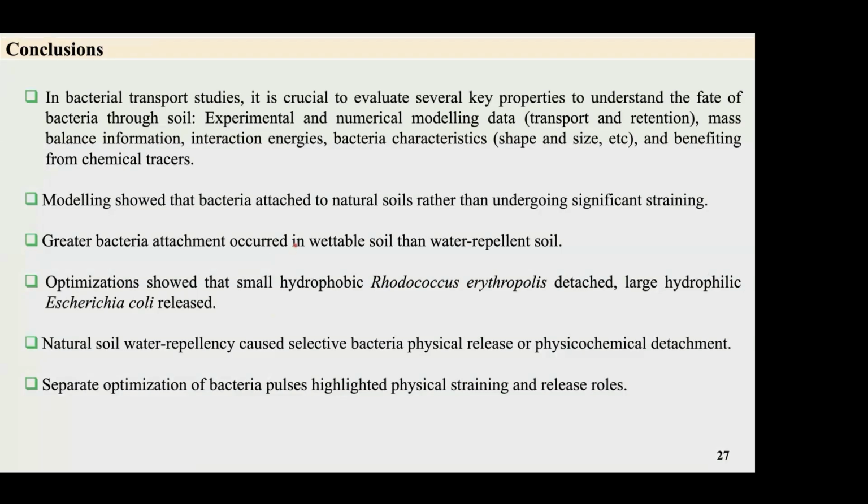So all in all, in bacterial transport studies, it is crucial to evaluate different important properties, such as running the correct experiment with regards to our aims, running modeling, and also considering mass balance information, interaction energies, and we should consider bacteria properties, size, shape, and macromolecules. And also we should benefit from chemical tracers, which is also traditional in transport studies.